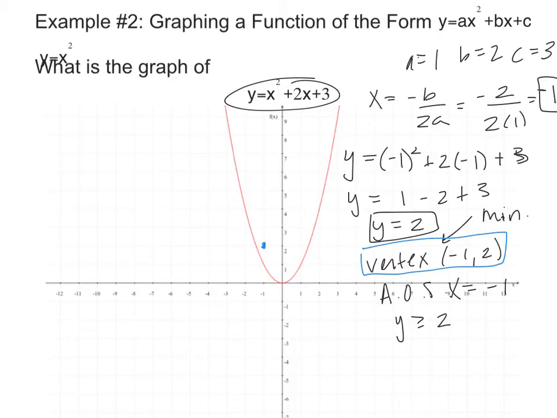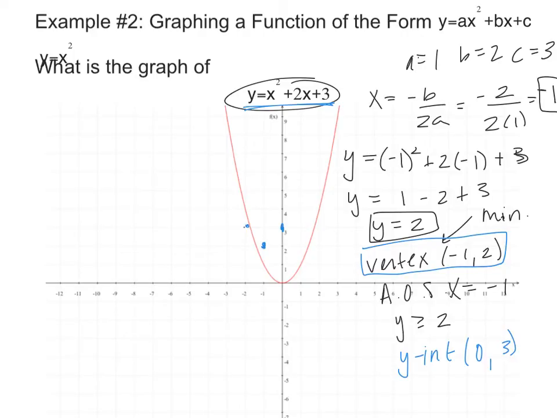If I test 0, I would put 0 into our original function. And by the way, we never found the y-intercept, and the y-intercept was pretty simple, right? The y-intercept is going to be 0, comma, the last number, which in this case is 3. And that's actually the point we were going to test anyway, right? And so that means -2 will also be 3.